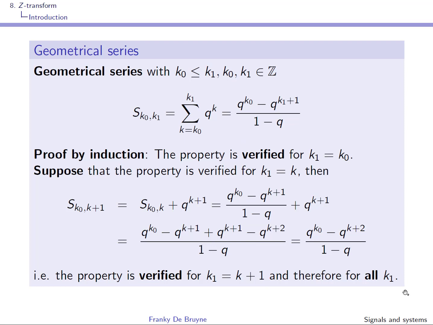Well, of course, you should not be able to do this proof by induction at the time of the exam, and later on in the course we'll use this formula with k0 is equal to 0, and in this case what will happen is, of course, you will have a 0 over here, and this here will be replaced by a 1.